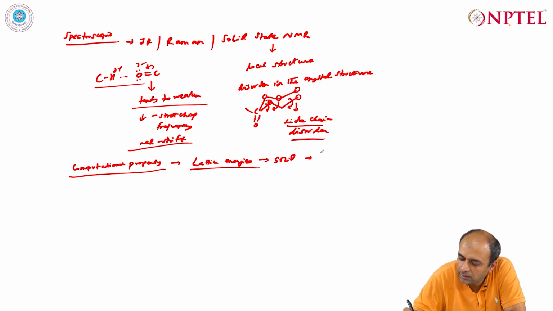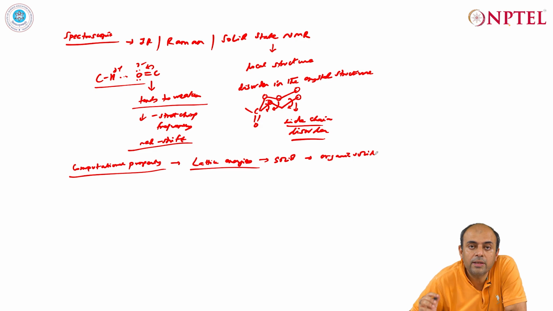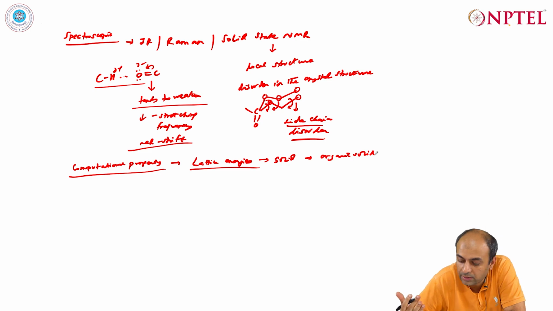In this case it is an organic solid. For an organic solid, the lattice energies tend to be lower compared to that of the inorganic solids. The inorganic solids tend to have very high magnitude of lattice energies. In comparison, for organic solids, the range of lattice energies is primarily between 100 to 200 kilojoule per mole. This is the range of lattice energies for organic solids.